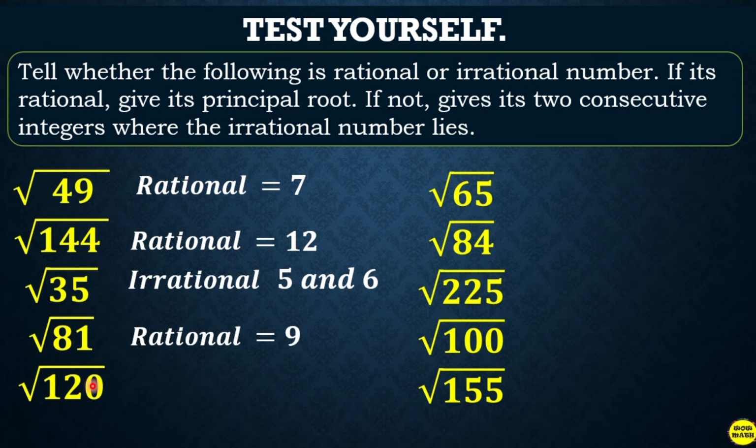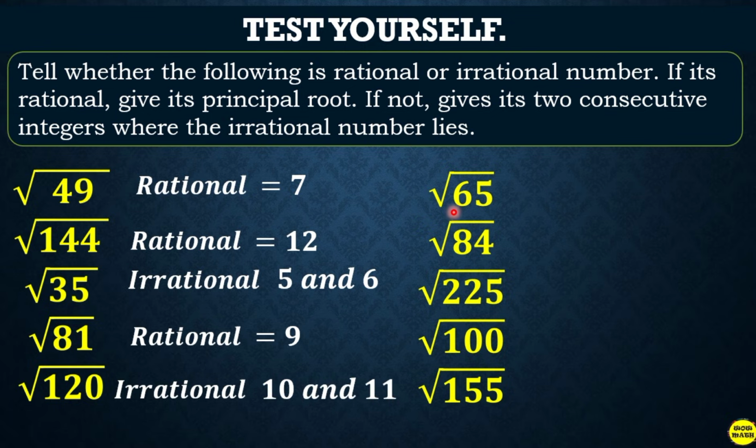Okay, next. Square root of 120. This is not a perfect square. And this is between, saan siya napapagitna ng dalawang perfect squares? Nasa gitna siya ni square root of 100 and square root of 121. So, this is irrational. So, 100 is 10, 121 is 11.